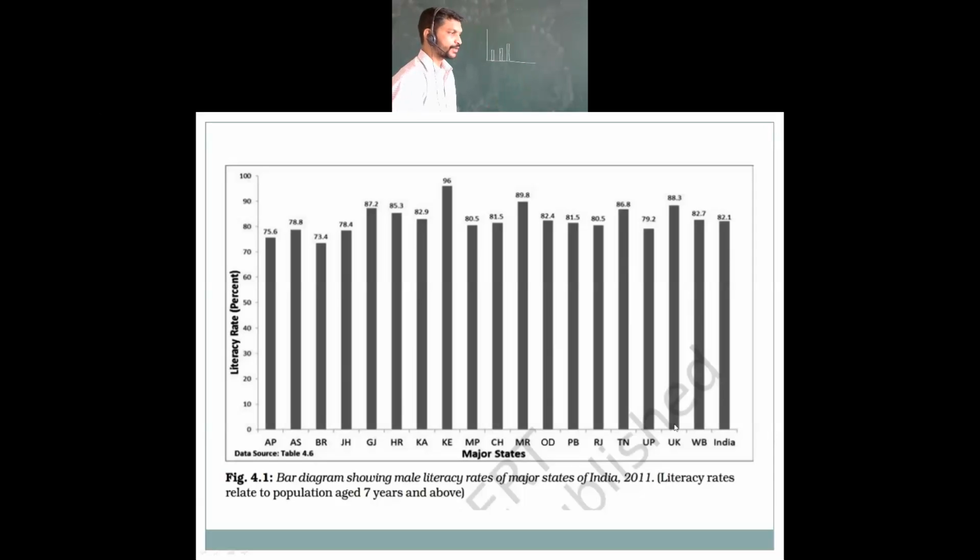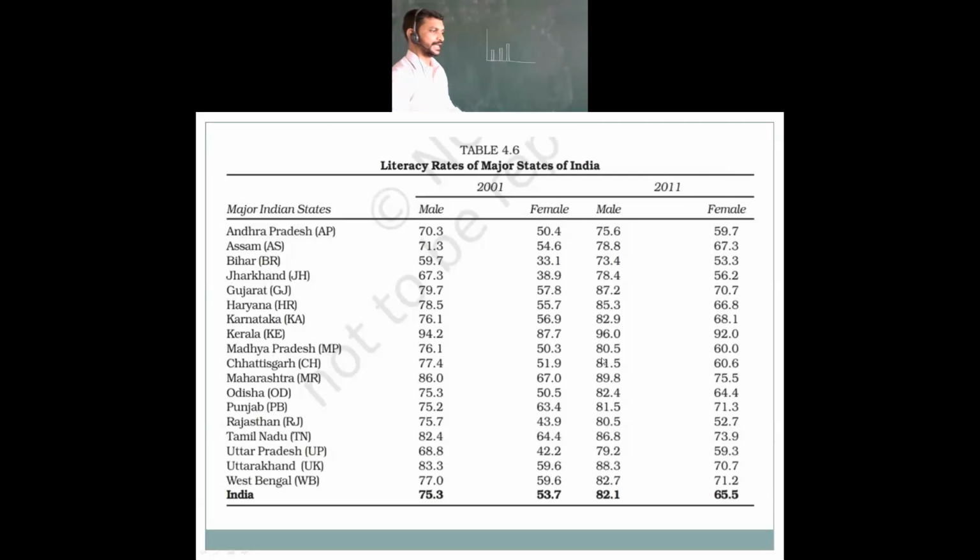Gujarat is 87.2. This information you can easily understand, but not in detail exactly. So as we know, in the simple bar diagram or multiple bar diagram, how we present the information has been told. So this is the information shown, with multiple examples taken in one diagram.